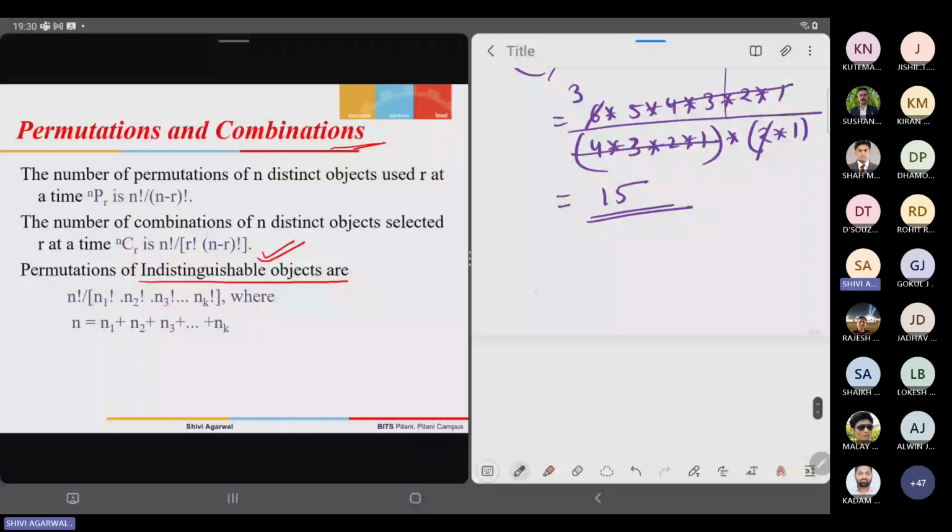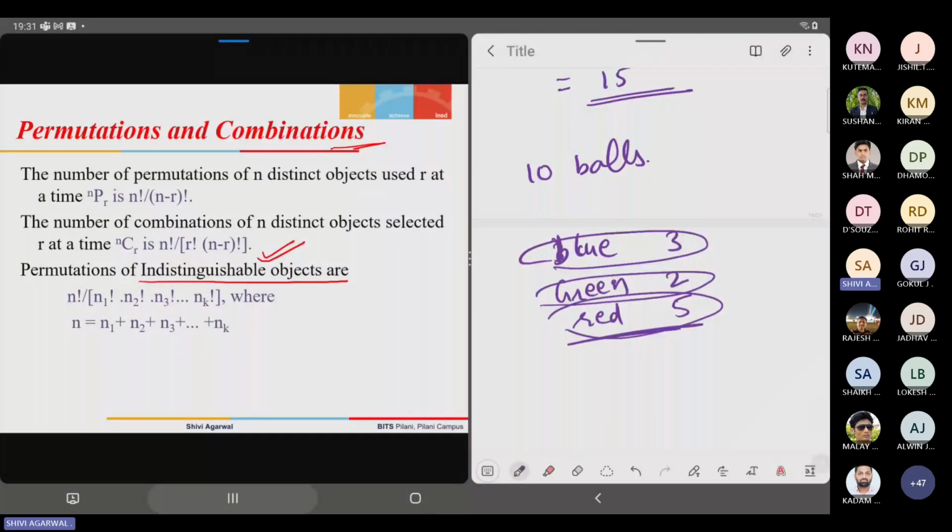So at that time we take the permutation of indistinguishable objects, and that formula is what? n factorial upon n1 factorial multiplied by n2 factorial multiplied by, say, nk factorial. And we know that n1 plus n2 plus up to nk should be n, the total number of elements.